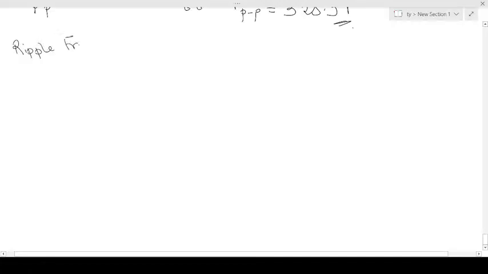Now, how do you calculate our ripple frequency? Remember, in the half wave, our ripple frequency was equal to the frequency of the AC source. So in the half wave, they give us 50 Hz as the frequency of the AC source, and that was also our ripple frequency.